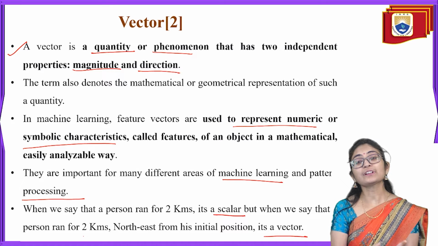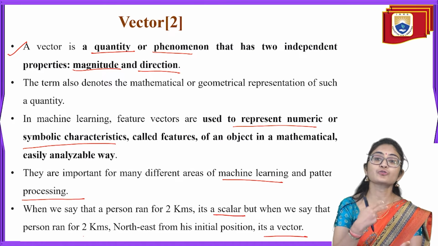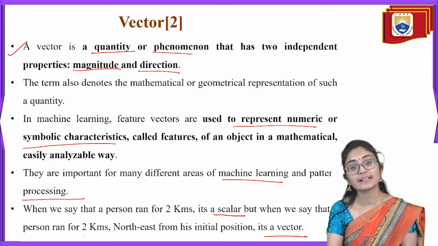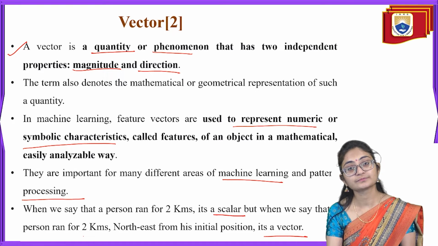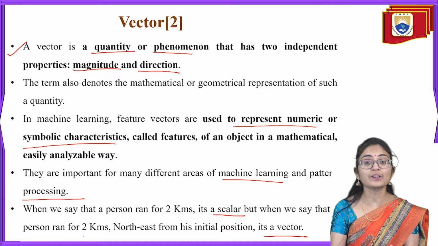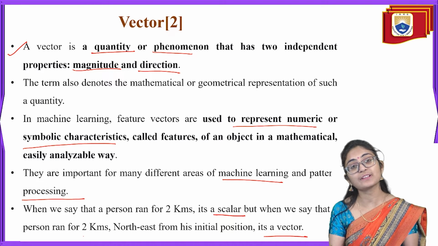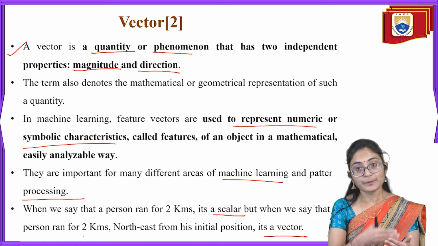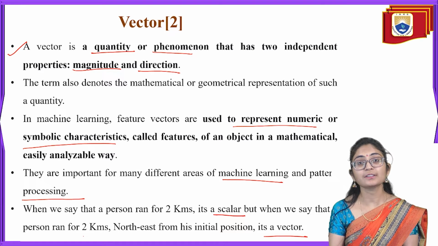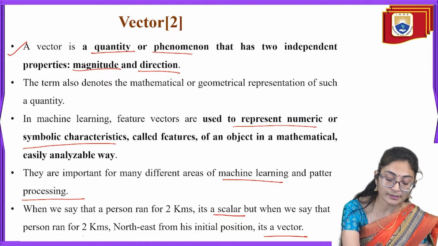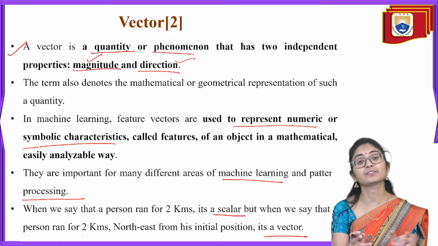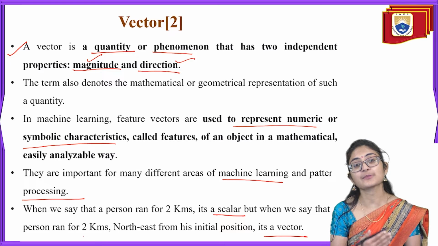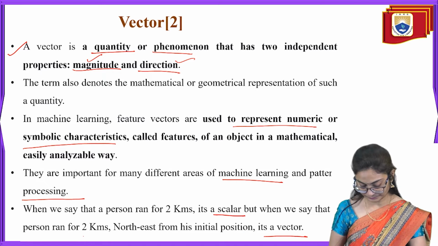From this, we can understand that when we show both direction and magnitude, then it is a vector. And when it shows only magnitude, then it is only a scalar. So, whenever we talk about a vector, both properties, magnitude and direction, are included in that component.